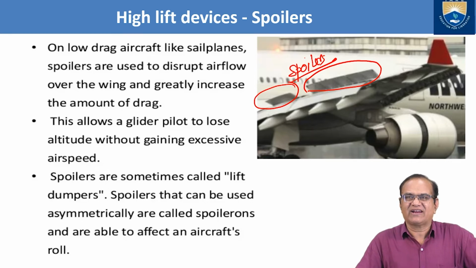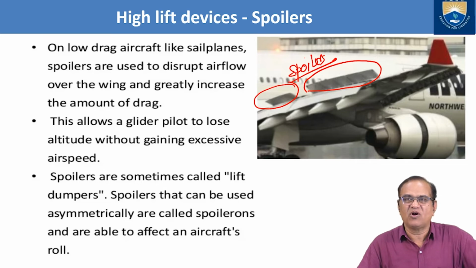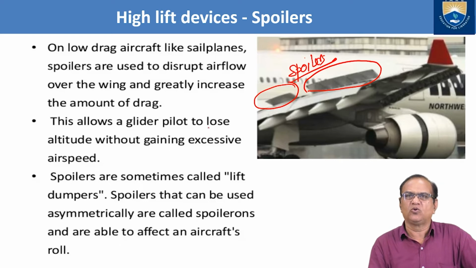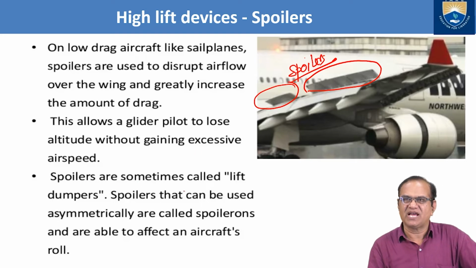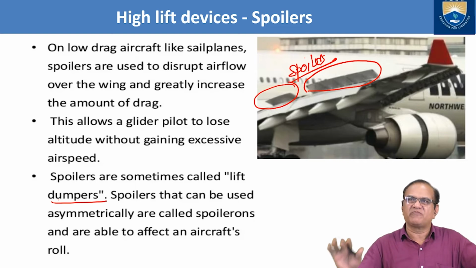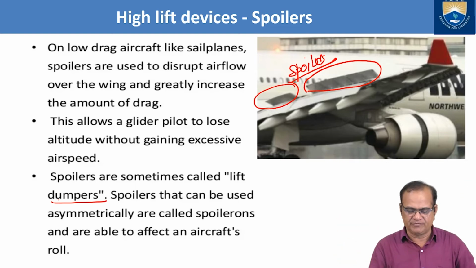On low drag aircraft like sailplanes, spoilers are used to disrupt airflow over the wing and greatly increase the amount of drag. So it is deflected and drag is increased. This allows a glider pilot to lose altitude without gaining excessive airspeed. Spoilers are sometimes called lift dampers, because they reduce the lift.